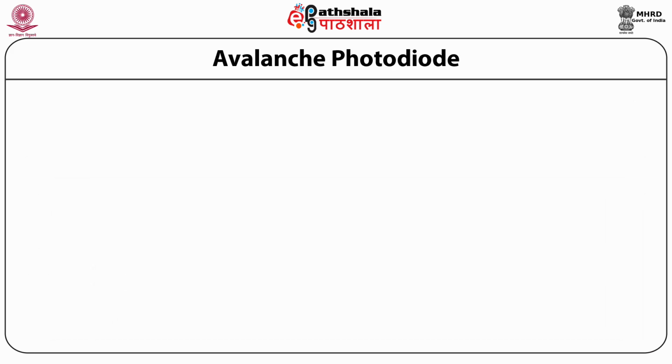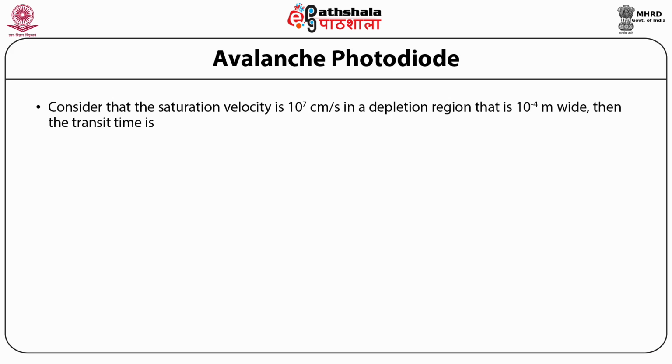Now consider the saturation velocity is 10 to the power 7 centimeter per second in a depletion region that is 10 to the power minus 4 meter wide. Then the transit time is tau t equal to 10 to the power 7 divided by 10 multiplied by 10 to the power minus 4, equal to 100 picoseconds.